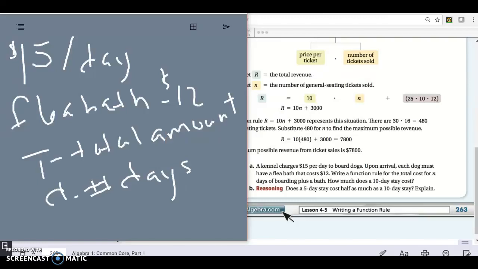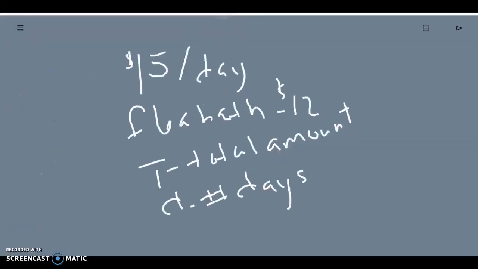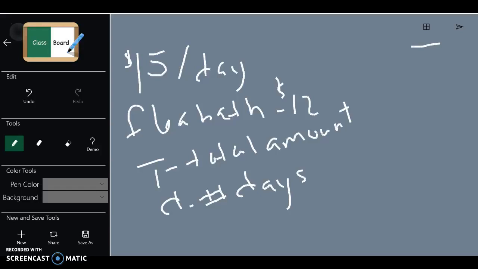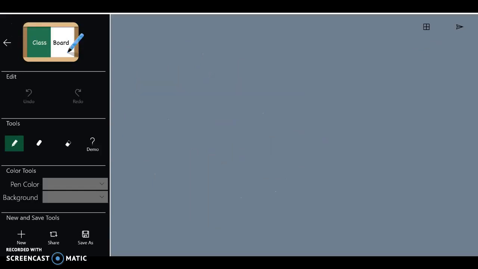So if we want to find the total, the total amount would have to equal $15 per day plus $12 for the bath, right?